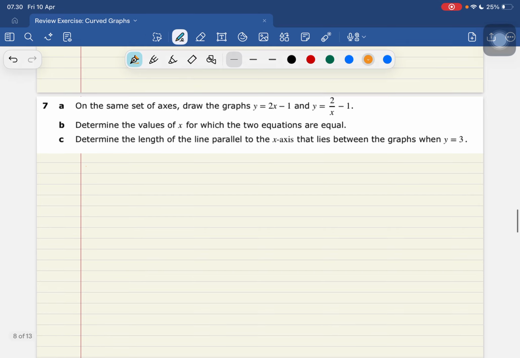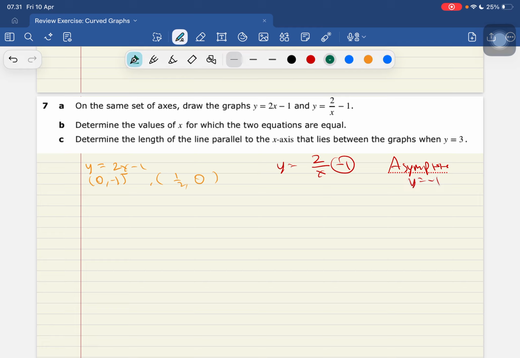So first is y equals 2x - 1. We can use x equals 0, so y is going to be -1. And then when y equals 0, x is going to be 1/2. Same thing for the second graph, y equals 2/x - 1. Okay, -1 is the constant, so it's going to be the asymptote. So they will never touch the line y equals -1.